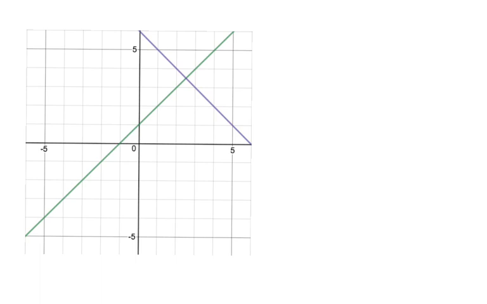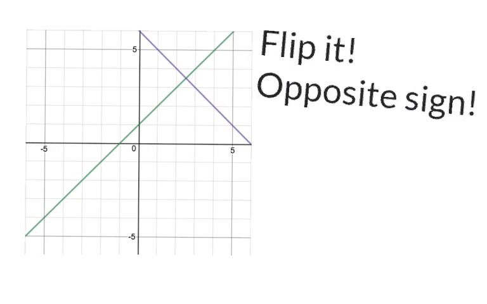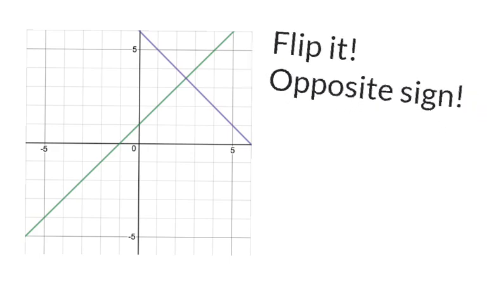The key to perpendicular lines with slope is flip it and opposite sign. The slope, that is. Now, we're using something called negative reciprocals. That can sound confusing, but it's actually not so bad. So if I have a slope of 2, well, flip it. This means that we're going to take a fraction and turn it over.